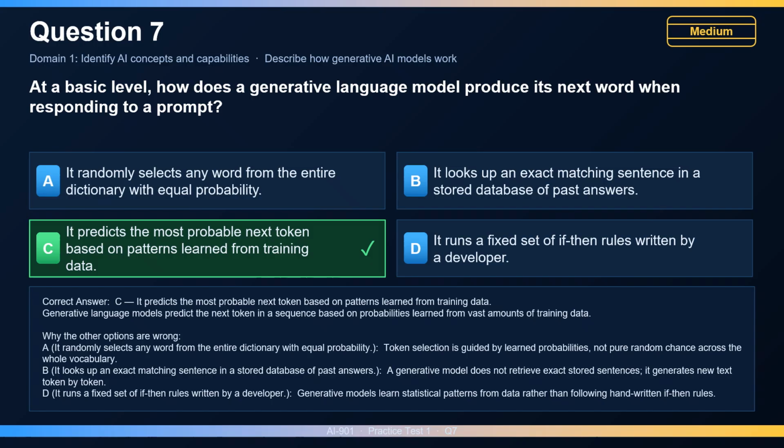Is incorrect. A generative model does not retrieve exact stored sentences. It generates new text token by token. It runs a fixed set of if-then rules written by a developer. Is incorrect. Generative models learn statistical patterns from data rather than following handwritten if-then rules.